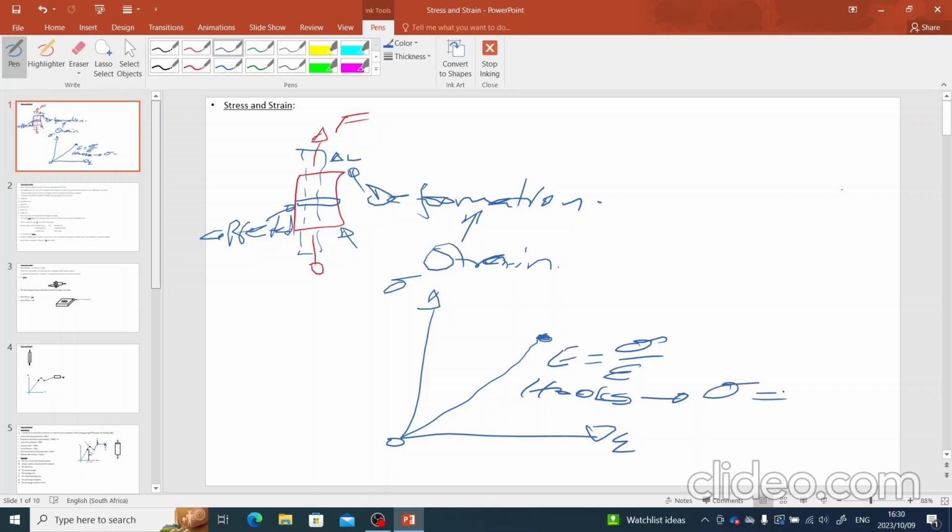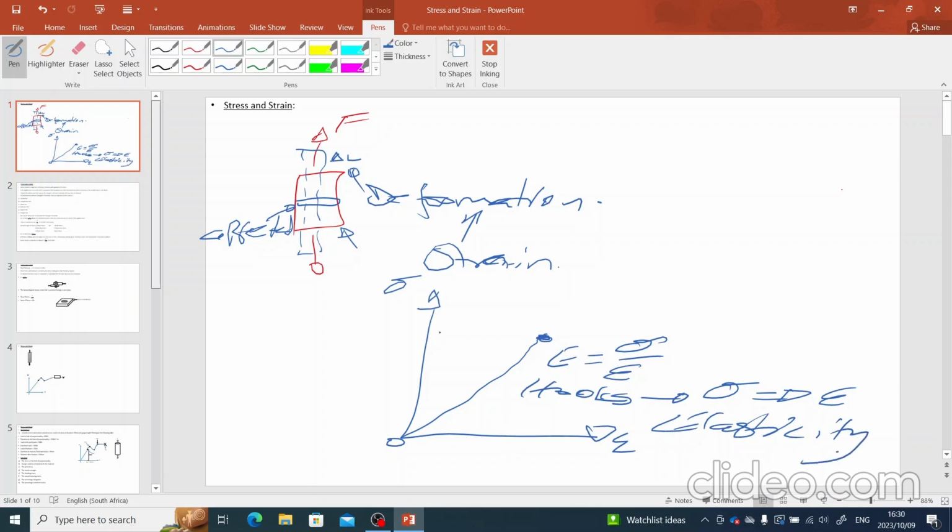It is because stress is directly proportional to what? To strain. It means they are at par. When stress takes one step, strain takes one step. It means here, when the force is being removed, the material will go back to its shape and size. That's what we said. Elasticity. We spoke about elasticity.